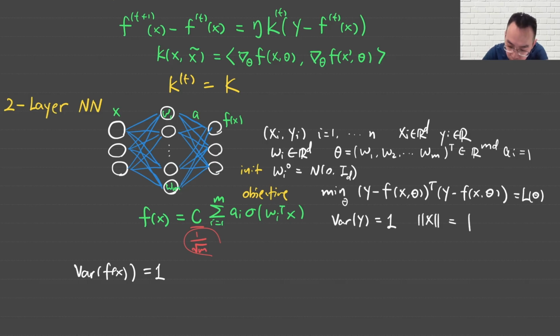So we'll have the variance of c times the sum. The a_i become 1 now; we make this simplification.